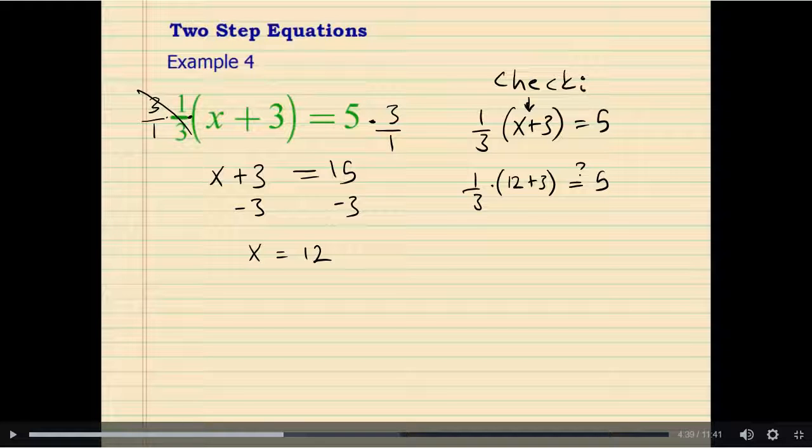We just need to evaluate both sides and then see whether it's equal or not. Whenever we are evaluating, we're going to follow the order of operations. So, grouping first. 1/3 times 15, is it equal to 5? 1/3 times 15 is equal to 5. Yes, equal to 5. That shows our answer was correct.